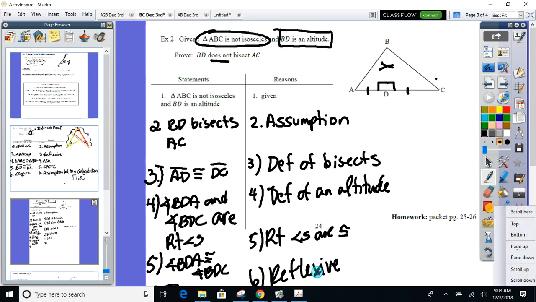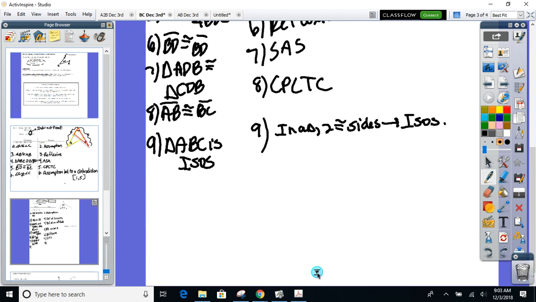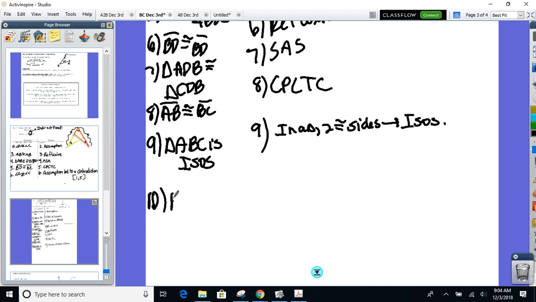Once you have that contradiction, you're good. Look at that, 10 steps, huh? Big boy, big girl proofs. So AC does not bisect.